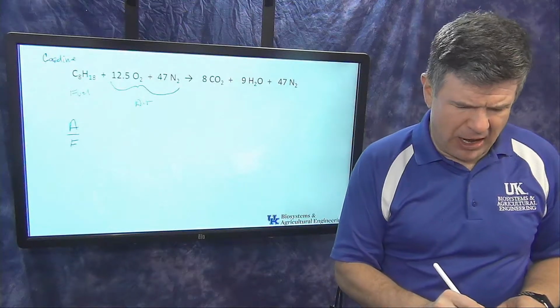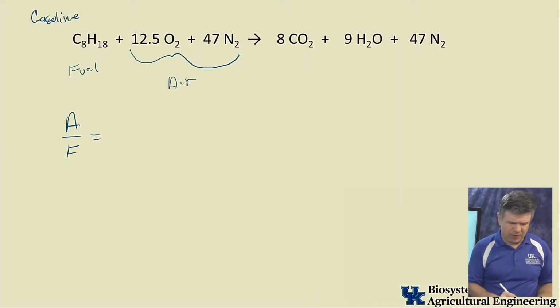So what is our air? Air, let's look at the top of this thing first. Air is the oxygen and the nitrogen. So what we have to do is count molecules. How many molecules of each do I have in here? So let's look at my oxygen molecules. I have 12.5 molecules, but each molecule has 2 atoms, and I know each atom has an atomic weight of 16. So what is its mass?